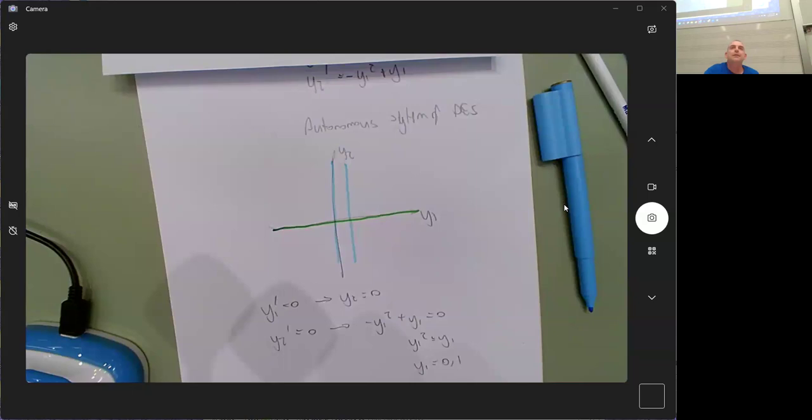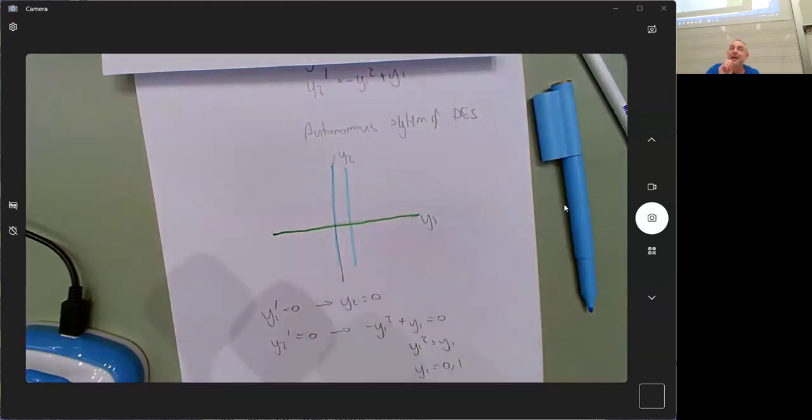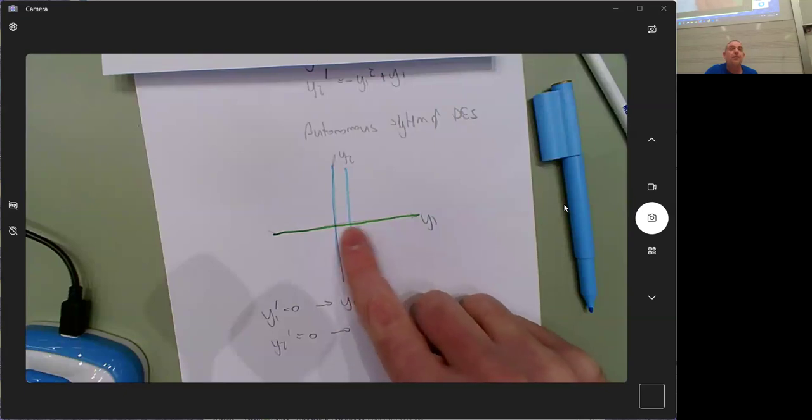Like that. And so this green line is the nullcline for y1. And these two green and blue lines together are the nullcline for y2. And so I get 2 equilibrium points just here.